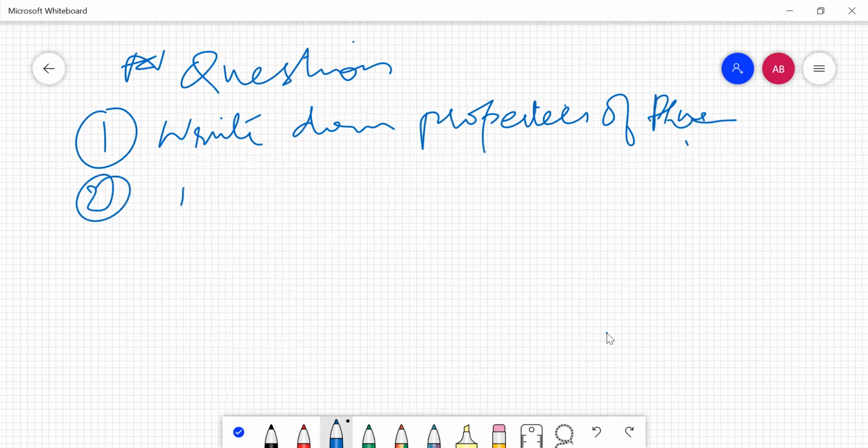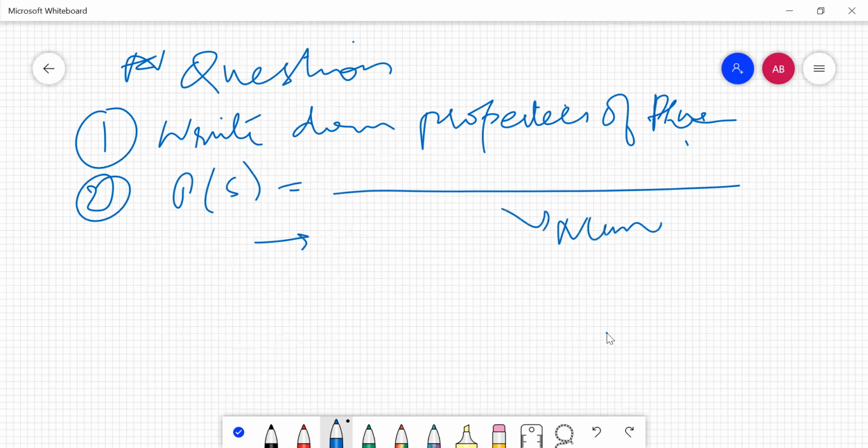And the second one is you will be given a polynomial and you need to find out whether the given polynomial is Hurwitz or not. So this is your numerical part, but for the theory part, you need to write all the properties that we discussed in your exam.